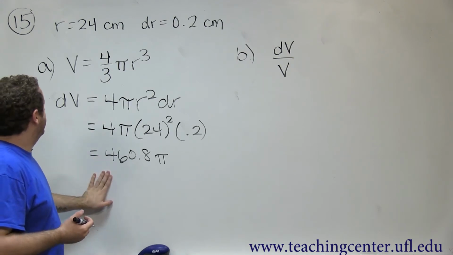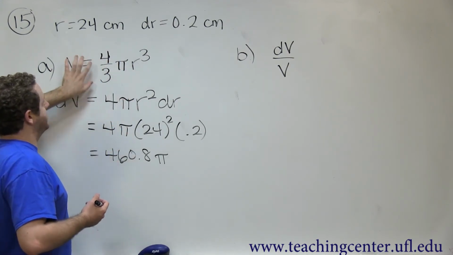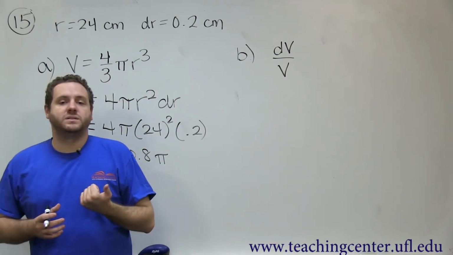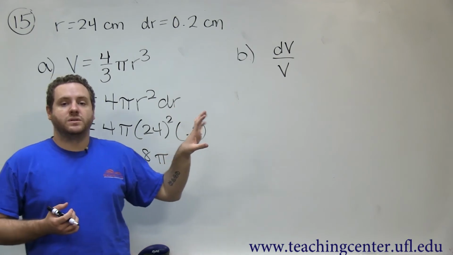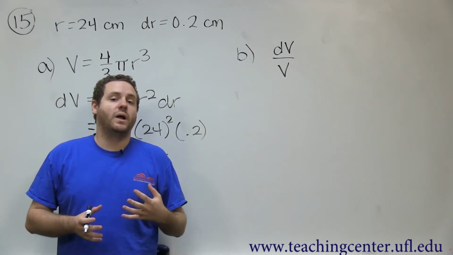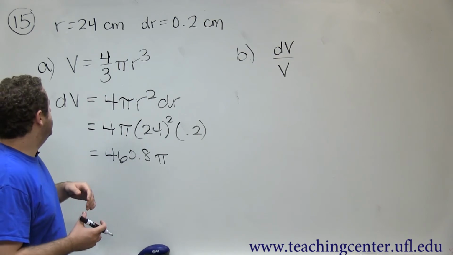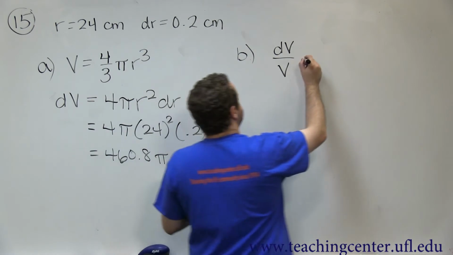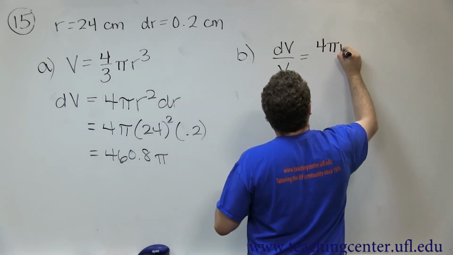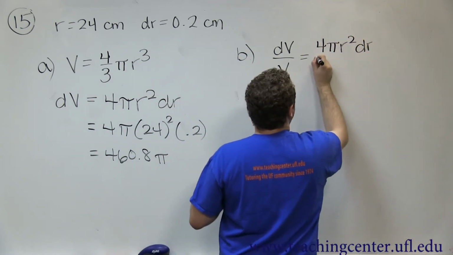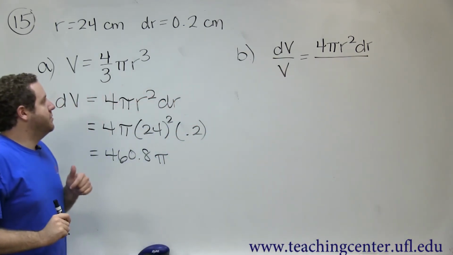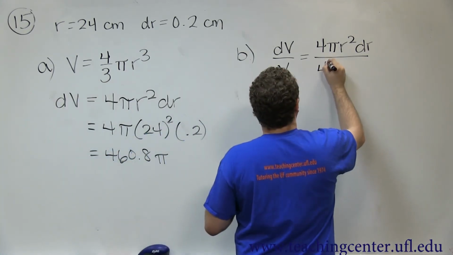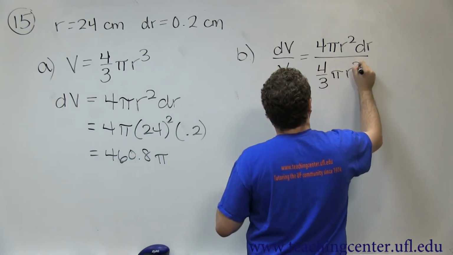Before you try to plug r into V and get a big number, it's always going to be better when you're doing relative error problems to put the formulas in first, because a lot of stuff is going to cancel, and then you won't have as big numbers to work with. dV we already have an equation for: 4 pi r squared dr. V is just the volume of the sphere, 4/3 pi r cubed.